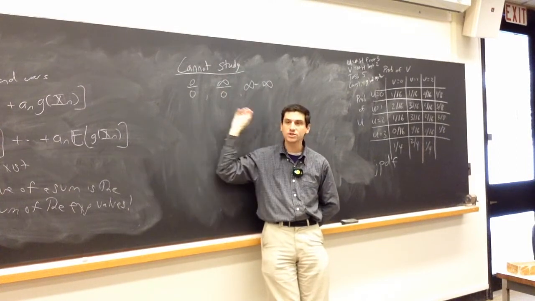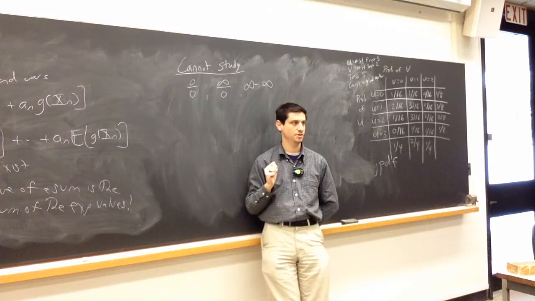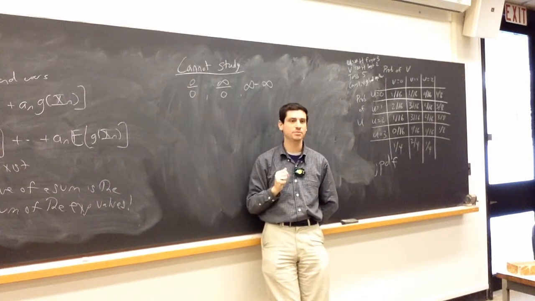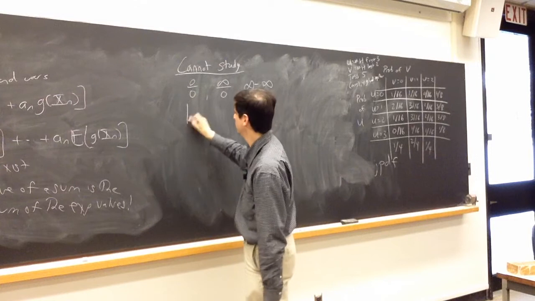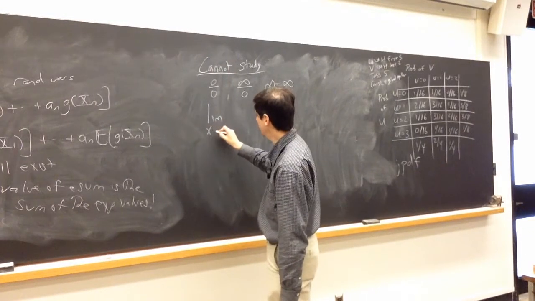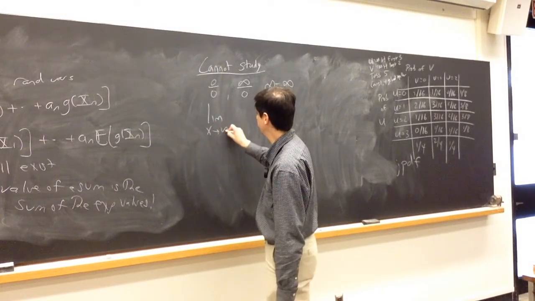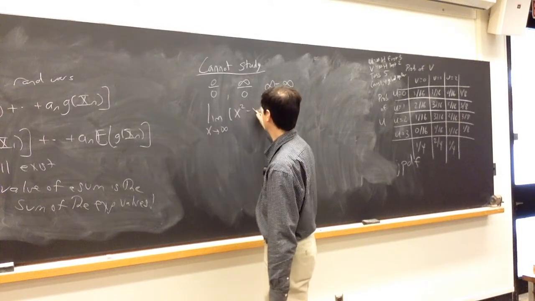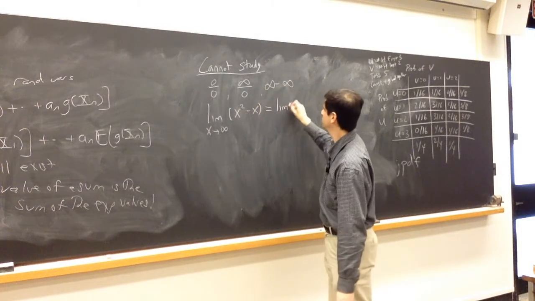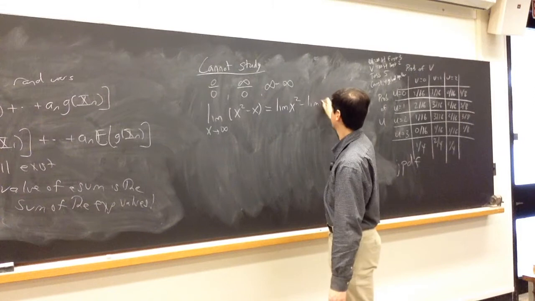You can attack them through some kind of limiting process. But we are not allowed to look at infinity minus infinity. For example, if I look at the limit as x goes to infinity of x squared minus x, does that equal the limit of x squared minus the limit of x?